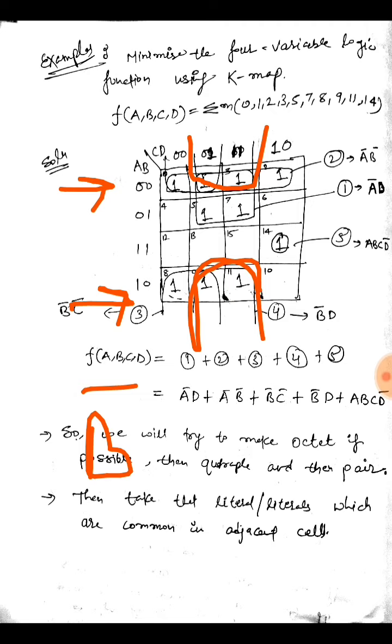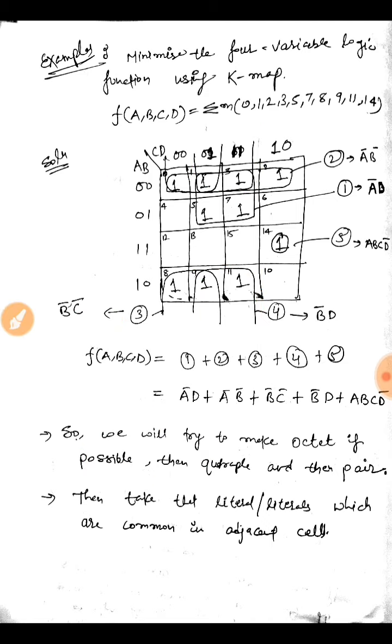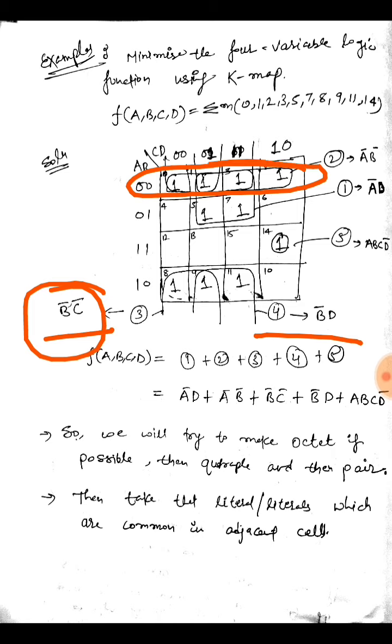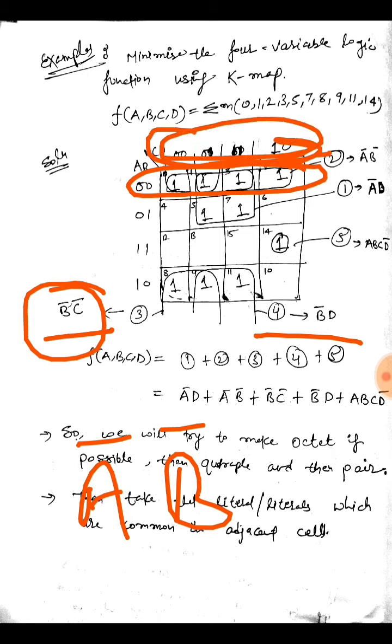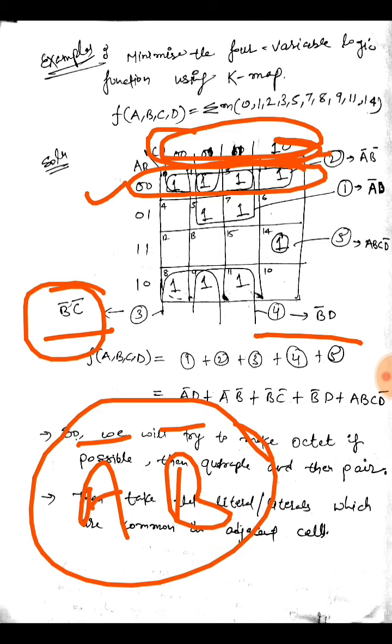So which variable is not changing, I will take only those variables, so it would become B bar D. So similarly, for all these pairs or combination of cells, I can say I have my simplified variables or function, that is for third one it is B bar C bar, for fourth it is B bar D, for second, for this one, because A is 0 and B is 0, so I will take A bar, B bar, and C and D are both changing in all these four cells, so only A and B are same, so it would be A bar, B bar.